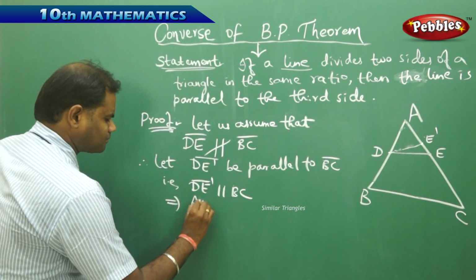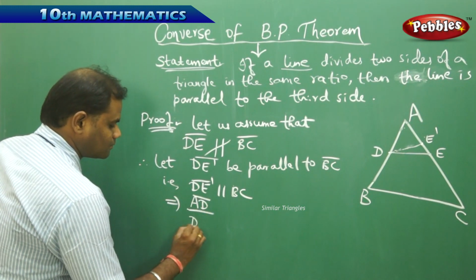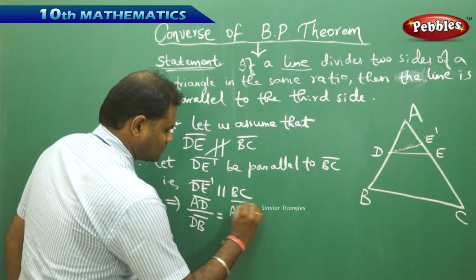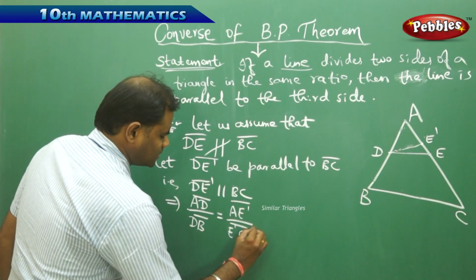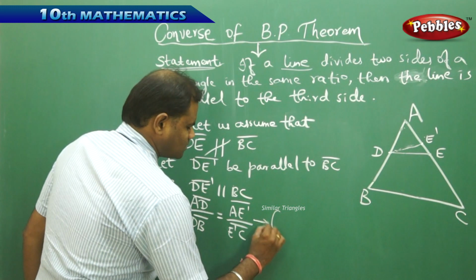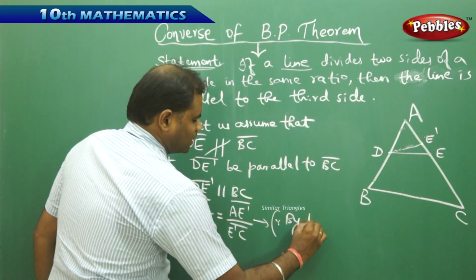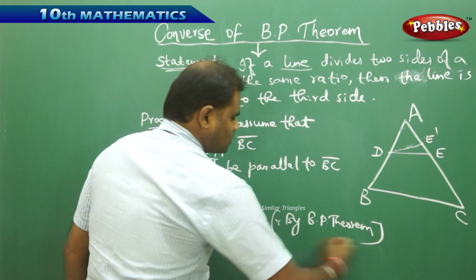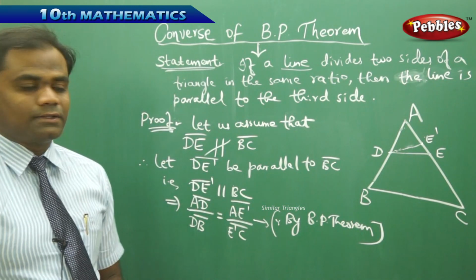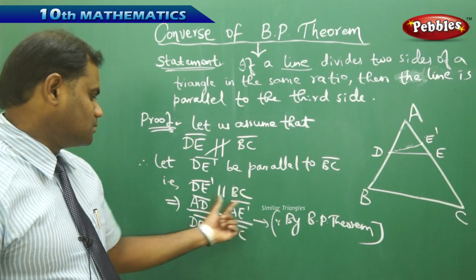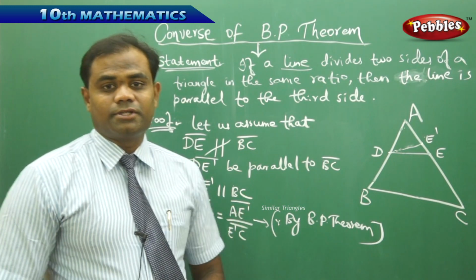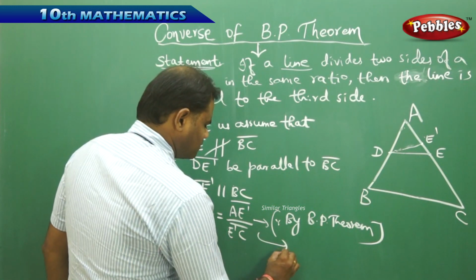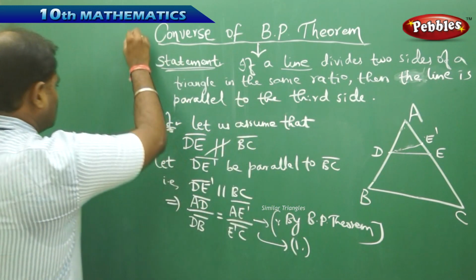Therefore, I get AD by DB equals AE dash by E dash C. This is by basic proportionality theorem, which has already been proved in the previous case. Therefore, this parallel to this implies this divides in the same ratio, is how we understand the concept. Now let me take this as equation 1.